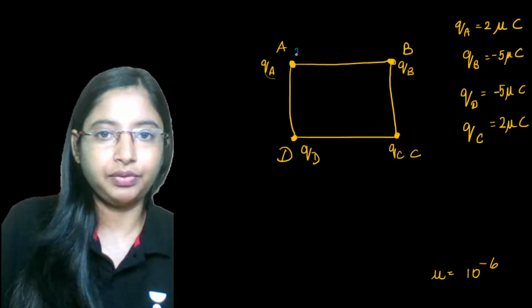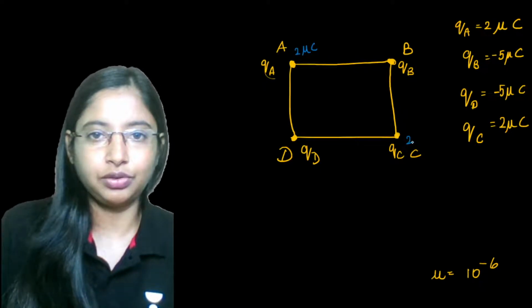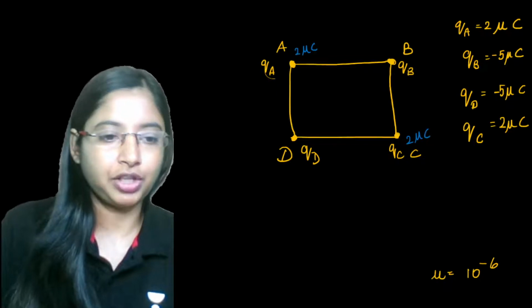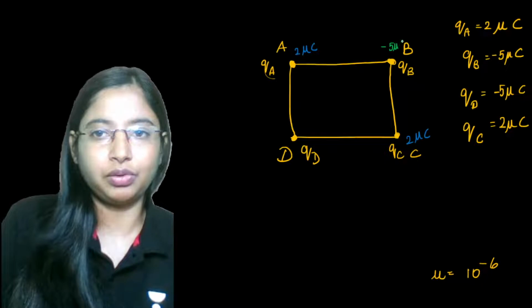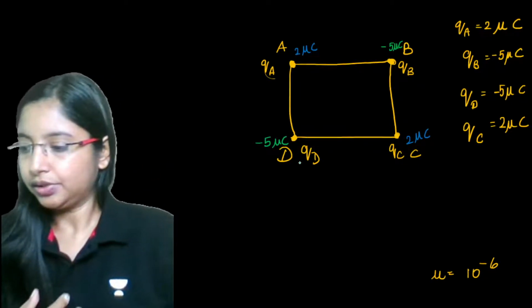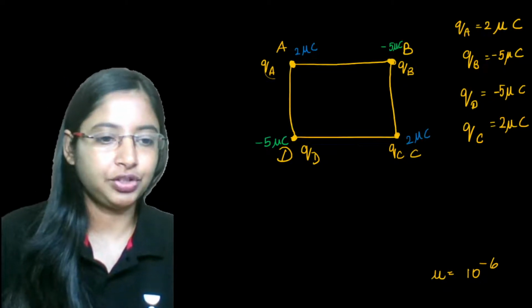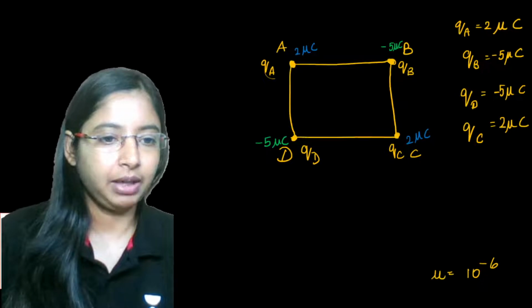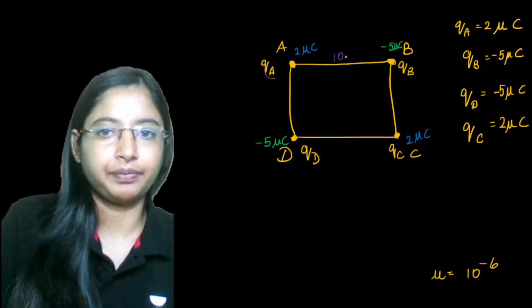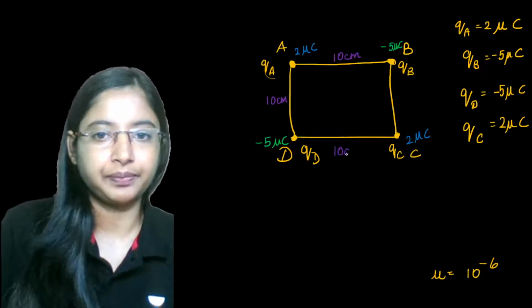Over here again, the charge value is 2 microcoulombs. But the charge over here has minus 5 microcoulombs, and this one has minus 5 microcoulombs again. Each of the charges is kept 10 centimeters apart, so the side length of the square is 10 centimeters.